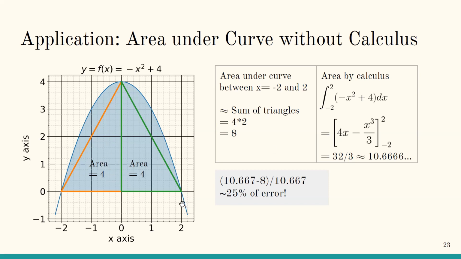So in this slide, the example is that we just use the area for the triangles to try to use it as the approximation for the area under the curve, because we have the equation for this, right? Just simple operation, okay? Your computer can only do that. So if we do that, we know that the area for each of these triangles are 4. And 4 times 2 is 8. So you know that there is a great percentage of error if you use this.